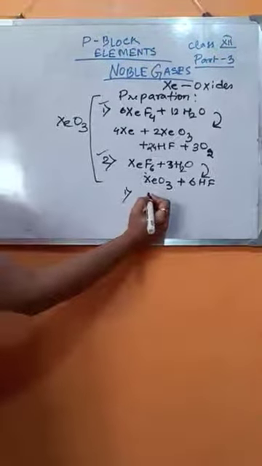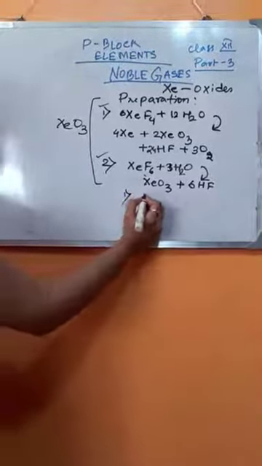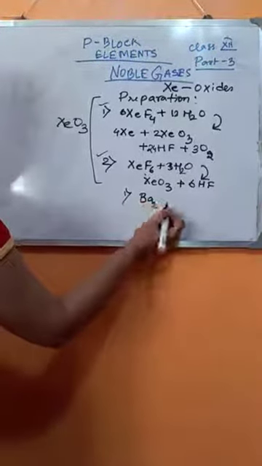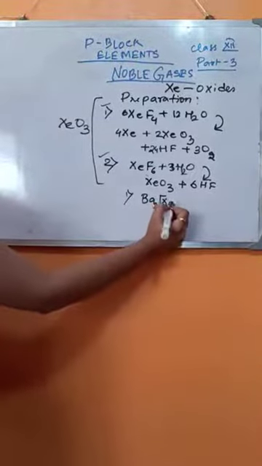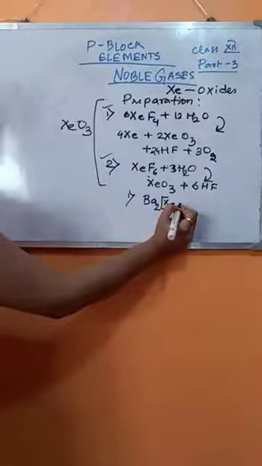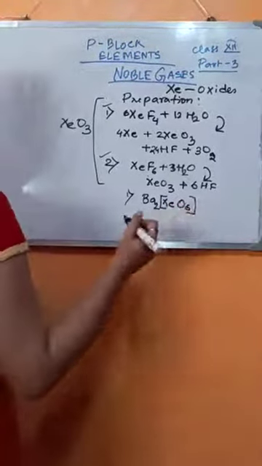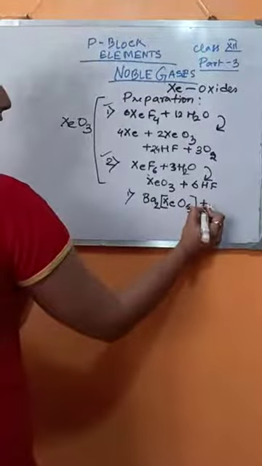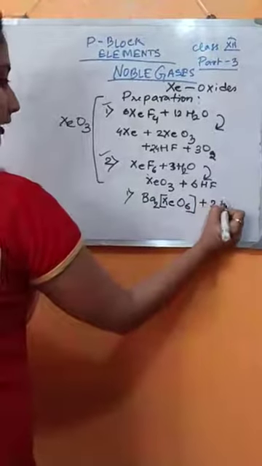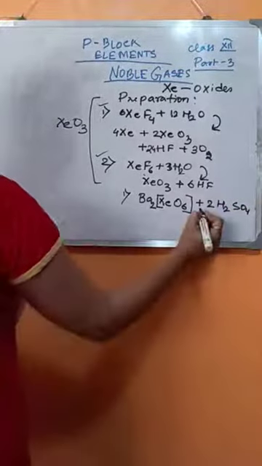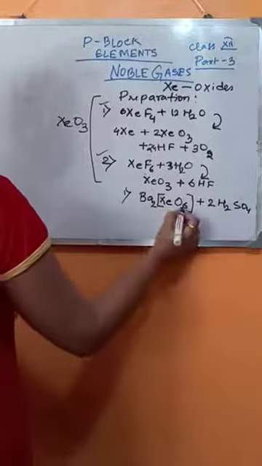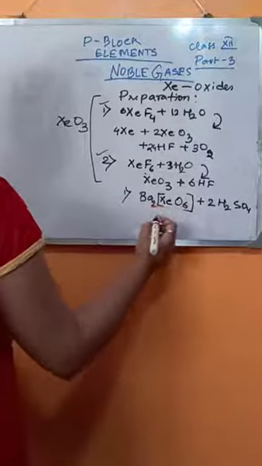How is xenon tetroxide prepared? Xenon tetroxide is basically prepared by the action of barium perxenate and anhydrous sulfuric acid. This is the structure of barium perxenate.